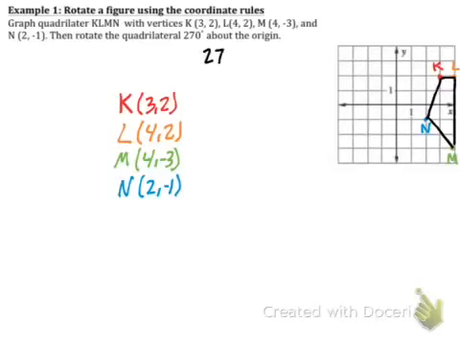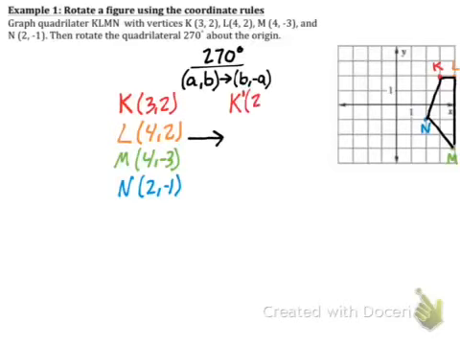Now let's apply the rule where we have to rotate it 270 degrees counterclockwise. If our actual coordinates are (A, B), the new prime versions will not only switch positions, but the x coordinate will be the opposite. So K prime will be (2, -3). You see that?